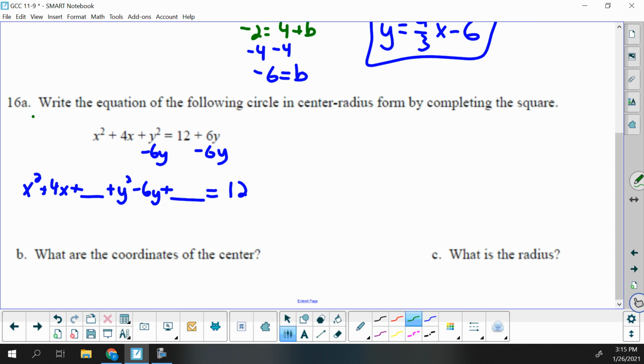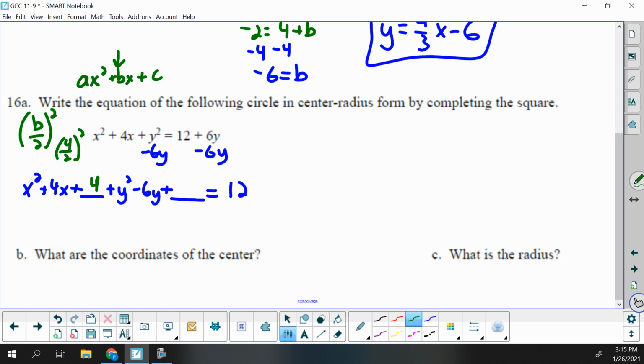So to complete the square, you do b divided by 2, and then you square it. b is always what's in front of the plain old x. So we are going to have 4 divided by 2 squared. 4 divided by 2 is 2. 2 squared is 4.